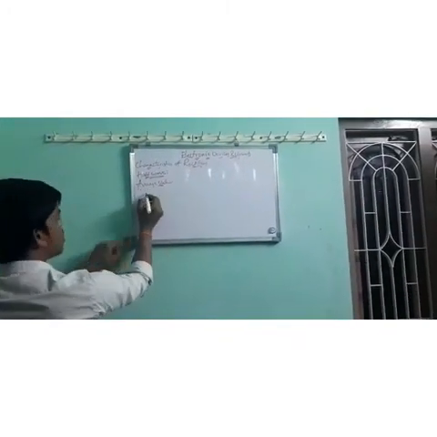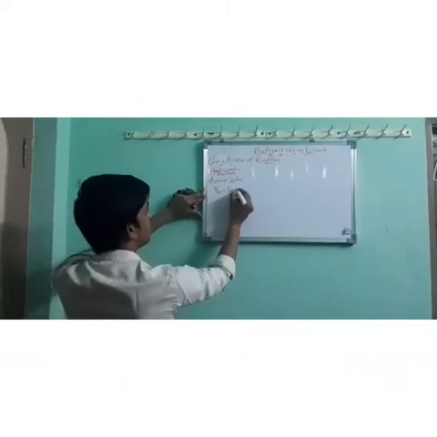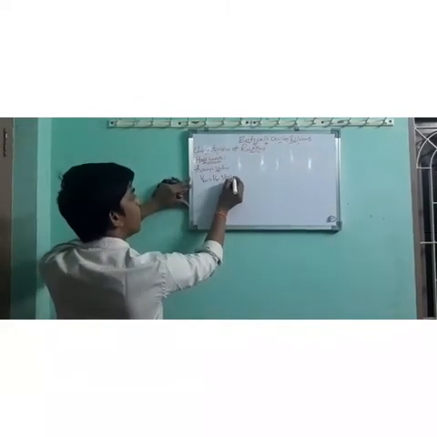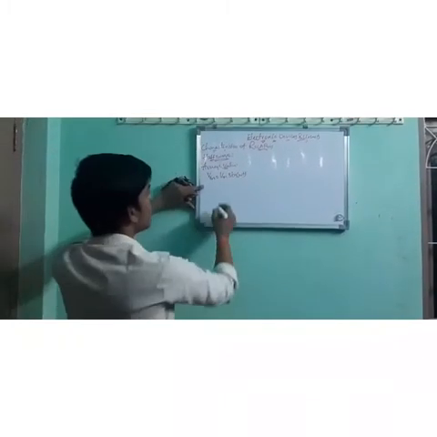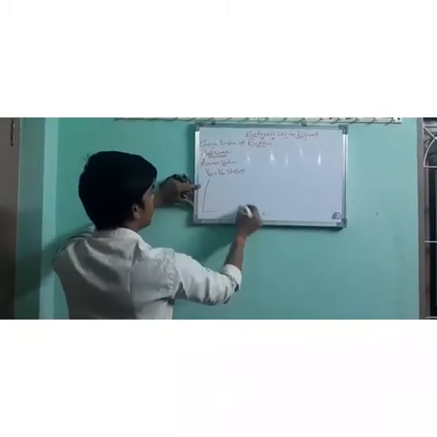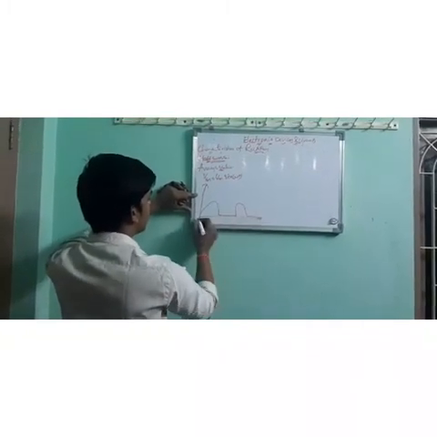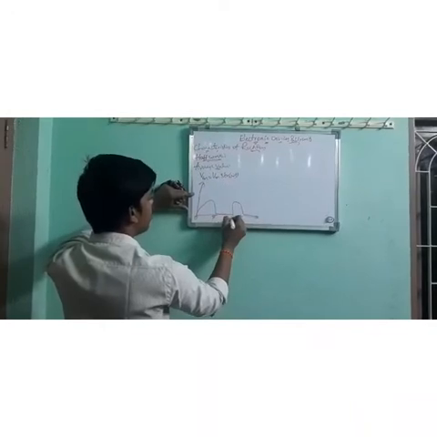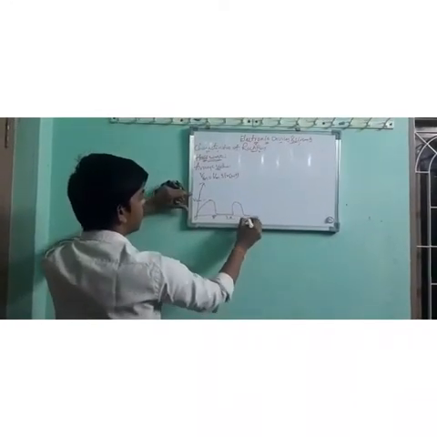First, let us consider Vin is equal to Vm sin(omega t). For the half-wave rectifier, the graph will be in the following way: 0, pi, 2 pi, 3 pi.